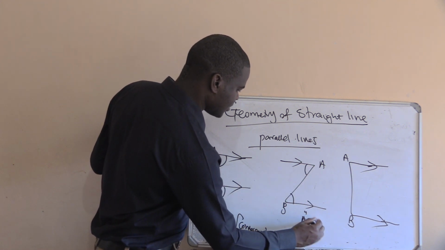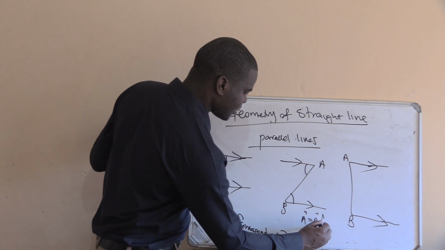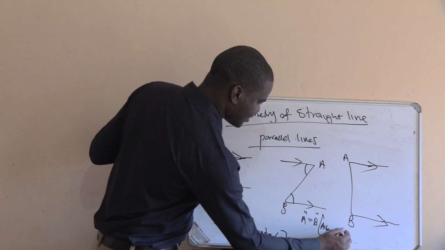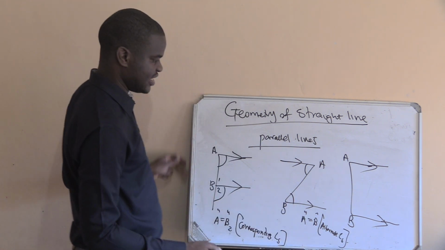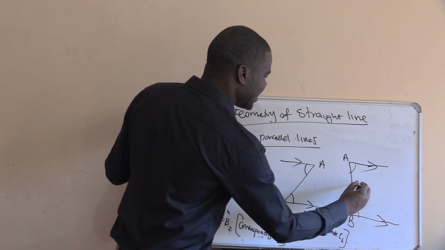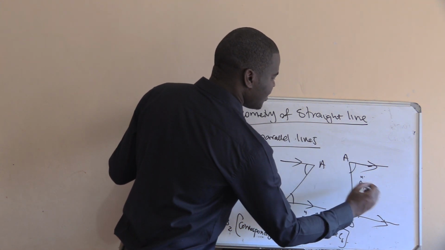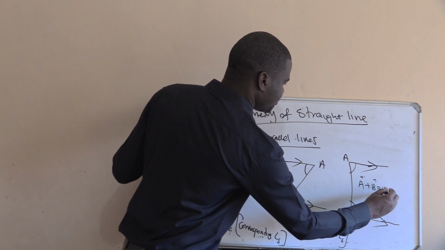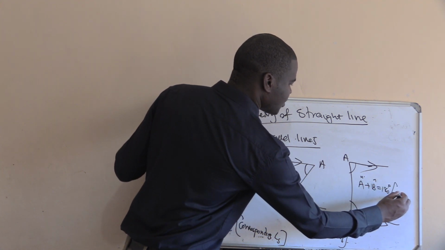Angle A is equal to angle B. What is the reason? Alternate what? Angles. These angles are alternate. You see? And lastly, this one and this one, they are supplementary. Angle A plus angle B is equal to 180. What is the reason?